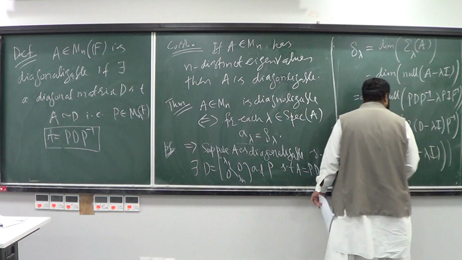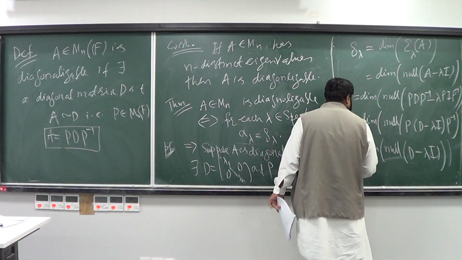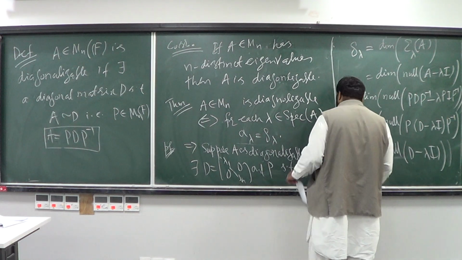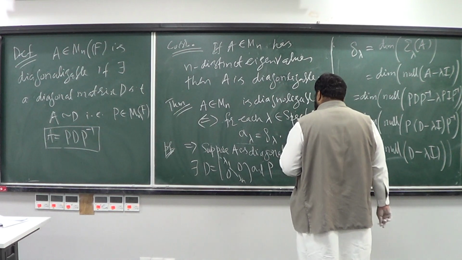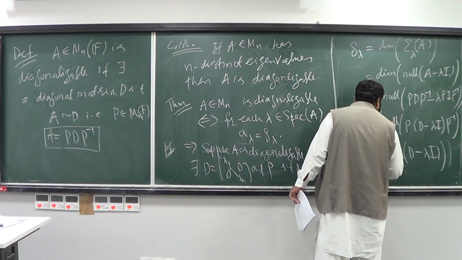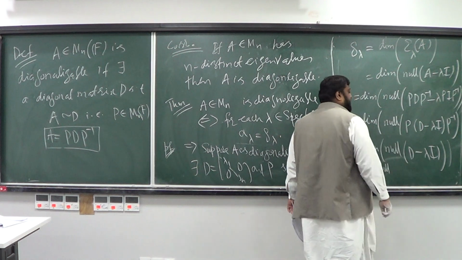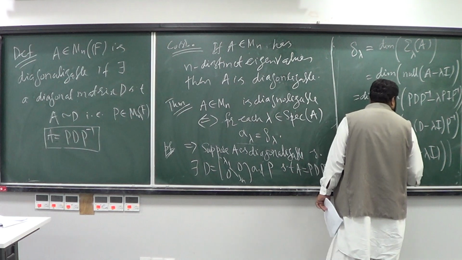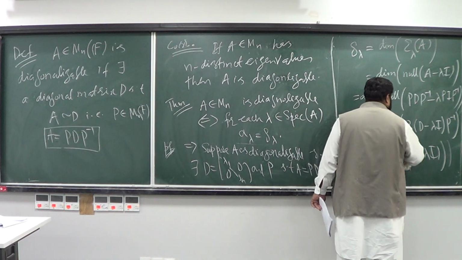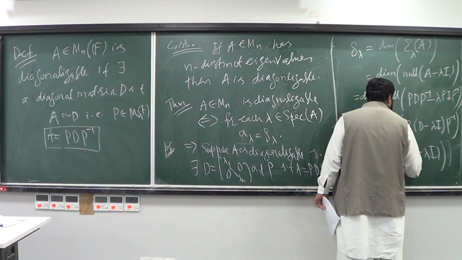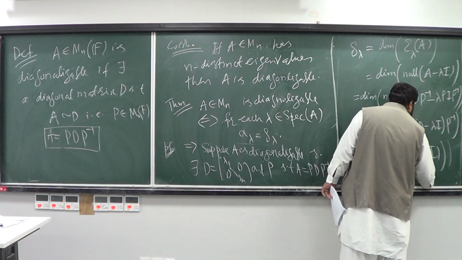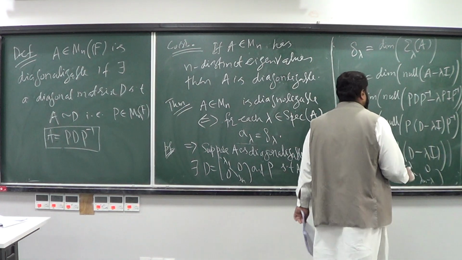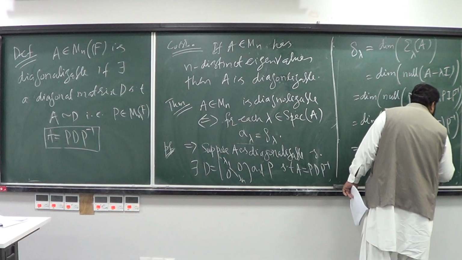And what would be the dimension of the null space of D minus lambda I? The matrix D minus lambda I has entries lambda 1 minus lambda up to lambda n minus lambda on the diagonal, and 0 elsewhere.